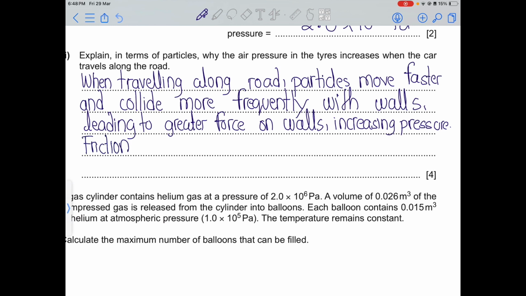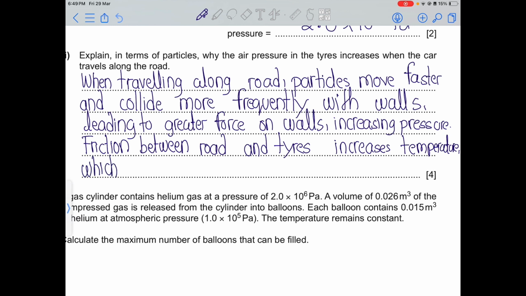So this is for 4 marks. Friction releases heat between the road and tires, which increases your temperature, which causes particles to gain energy and move faster.